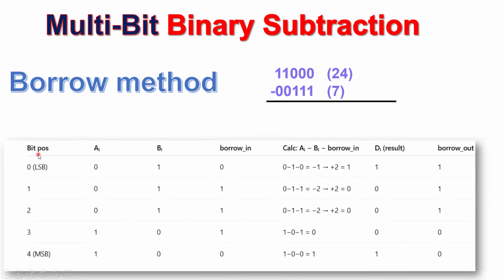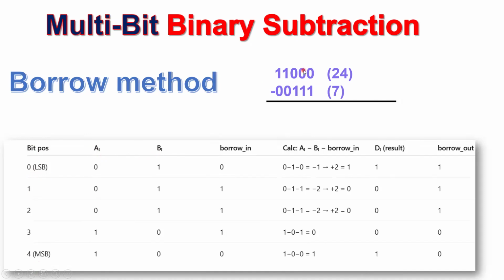So bit position, that is the first column. You have 5 bits starting from the least significant bit to the most significant bit. So you have two numbers A and B. So bit positions are Ai and Bi. You see here number A has 5 bits, number B has 5 bits.